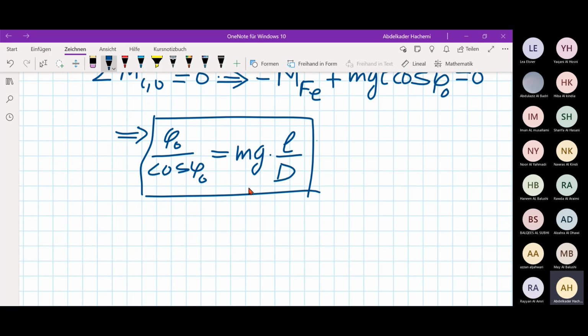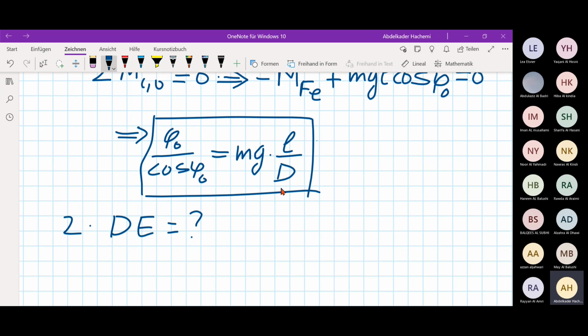Now, coming to the second question, it is to make the differential equation. And it's asked to use the principle of conservation of energy, okay.